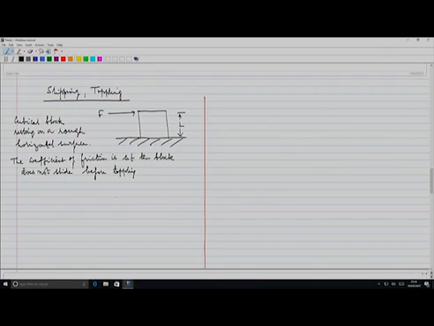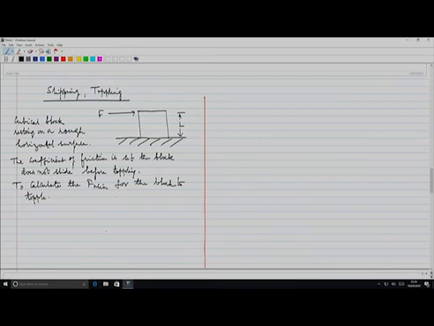So we need to calculate the minimum force, let F minimum, for the block to topple. Okay, it's a fairly simple problem, but we need to realize.